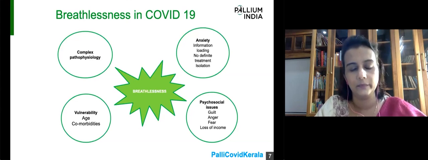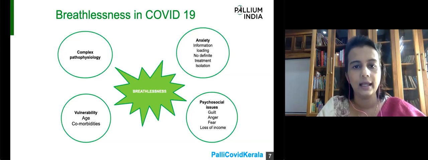The vulnerability. As we all know, studies in all the countries show that as age advances, you tend to have more problems with COVID, more risk factors, and you fall into the high-risk category more.